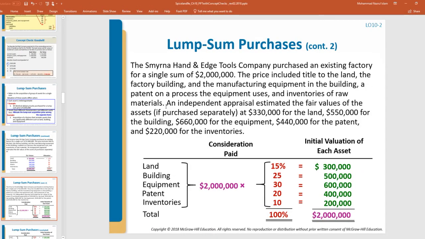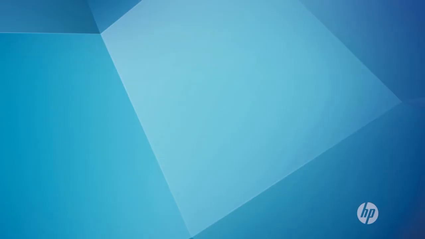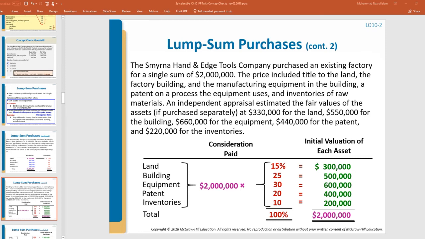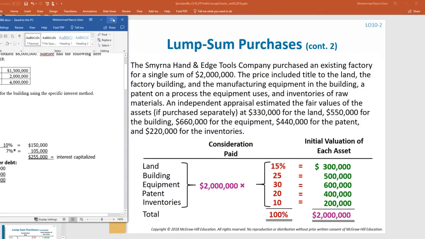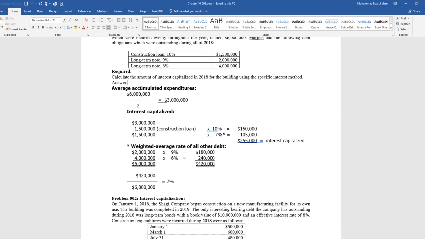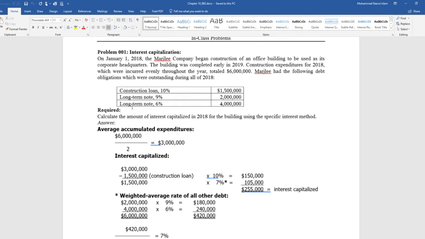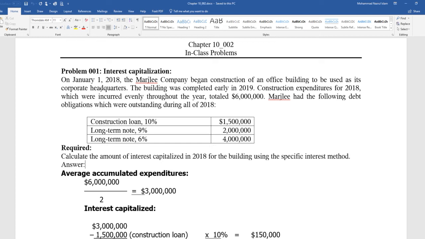And now, finally, in case of interest capitalization, we have already solved some problems in our class. I will show you again how we did that. See, in this example, our construction loan is 10%, long-term note 9%, and long-term note 6%.